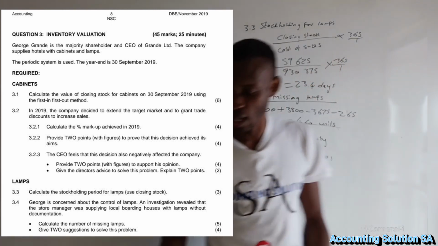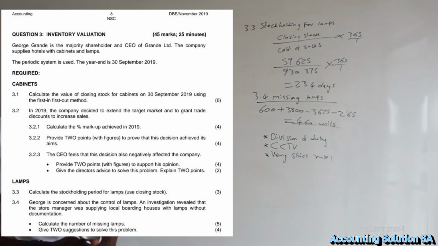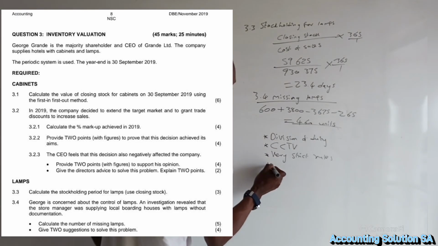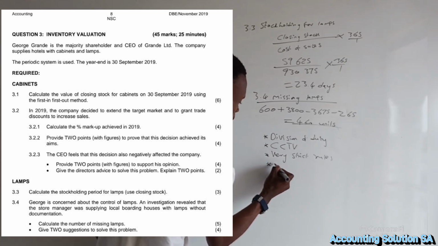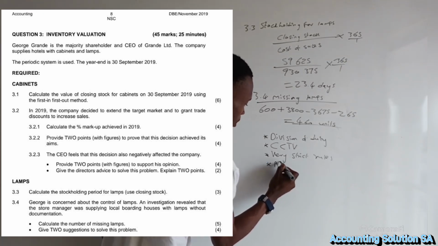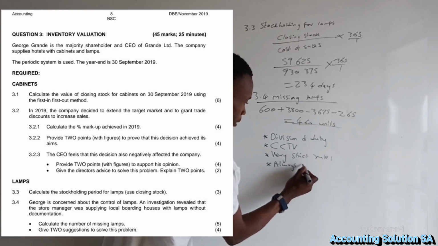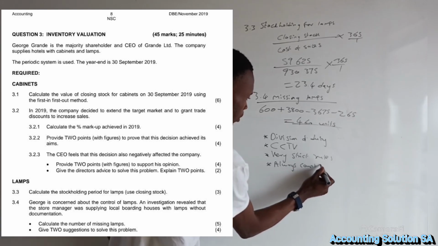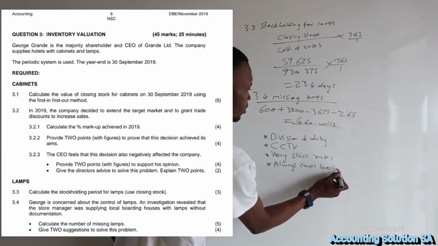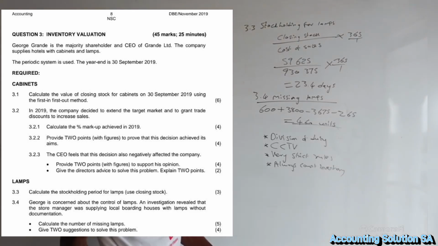I think that can motivate employees to work hard and make sure that no inventory goes out. Another one, we have to make sure that we always count inventory regularly.